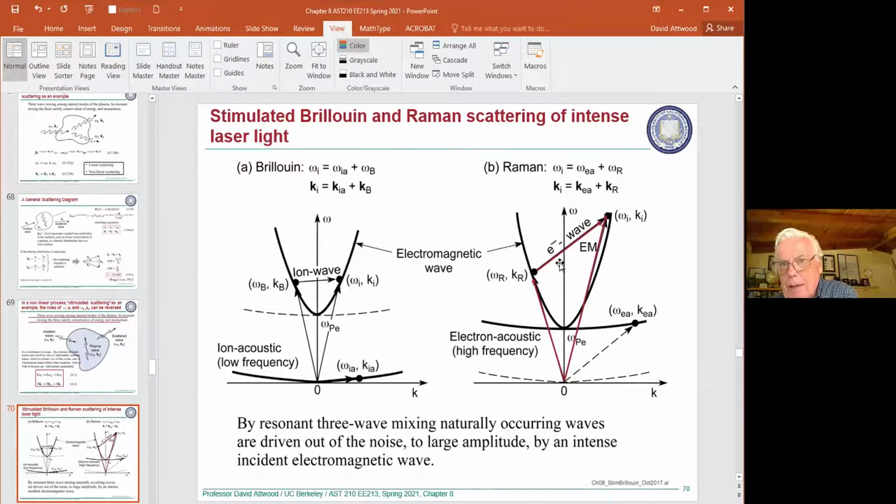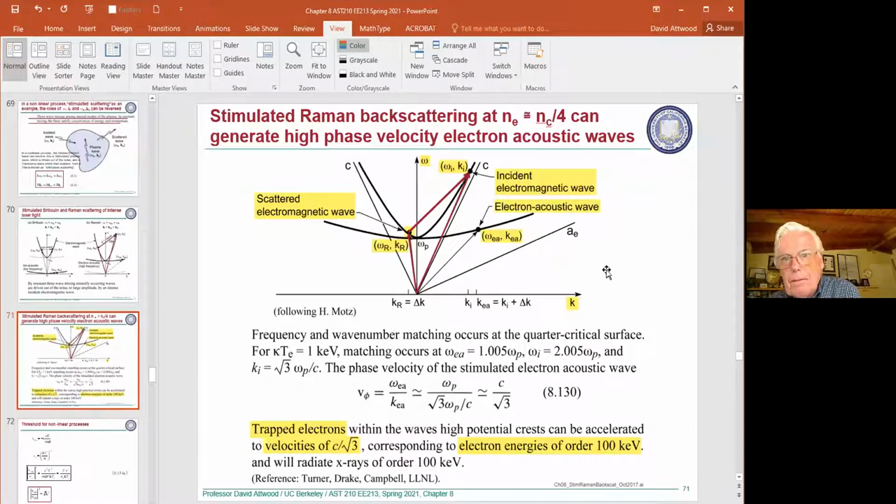And this typically happens, it's hard to make these relationships work. These relationships don't work for just any plasma frequency and any electron density. And this is a little bit more about that same process, the Raman scattering. It turns out that in simulations and in theory, it occurs at best at, or very close to, an electron density of the critical density over 4.